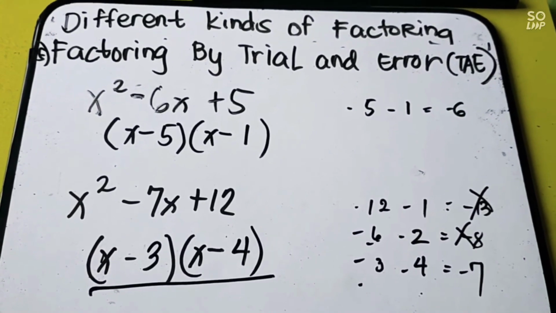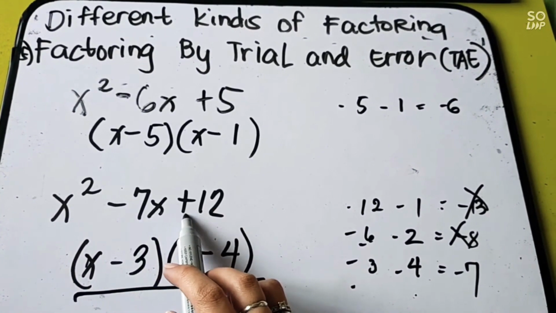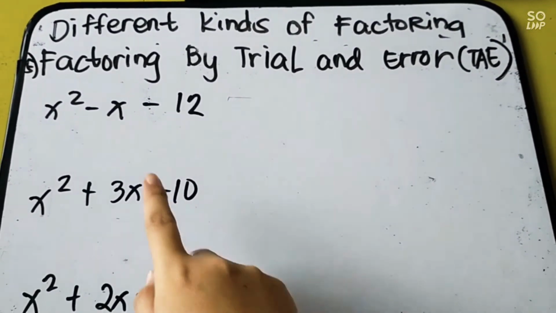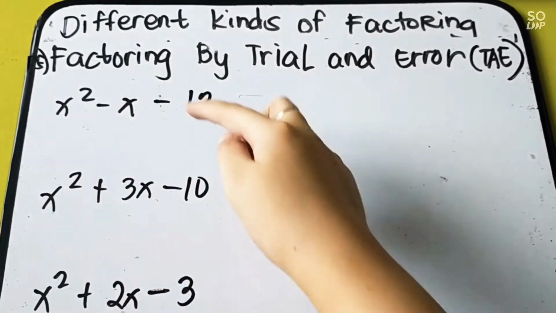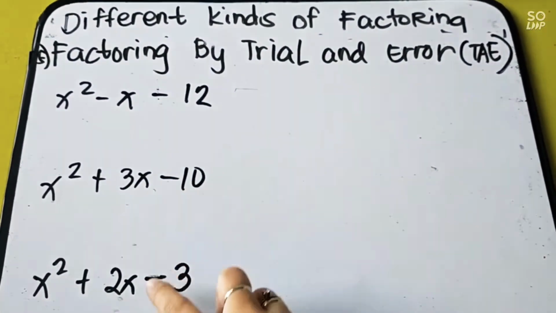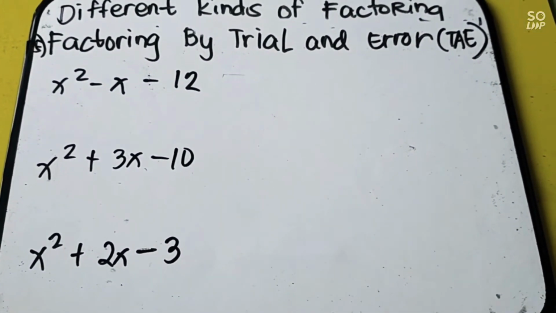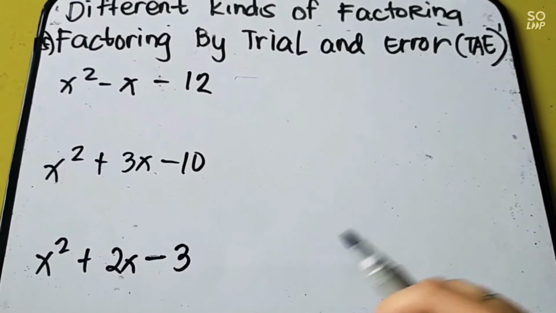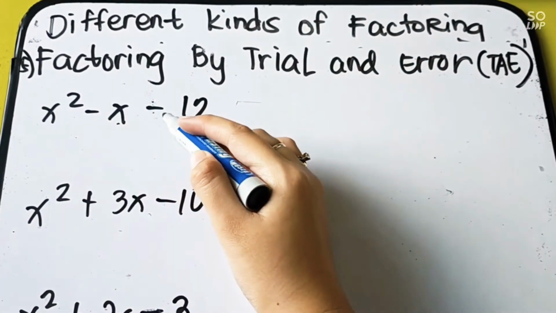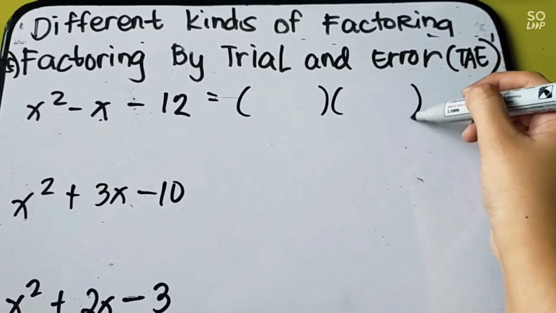Is it clear? What if one of them is negative? What if we have a negative at the end, at the third term? This time, you need to know which should be the positive one and which the negative one. For example, we have x squared minus x minus 12. So, let us get the factors. Two factors again.